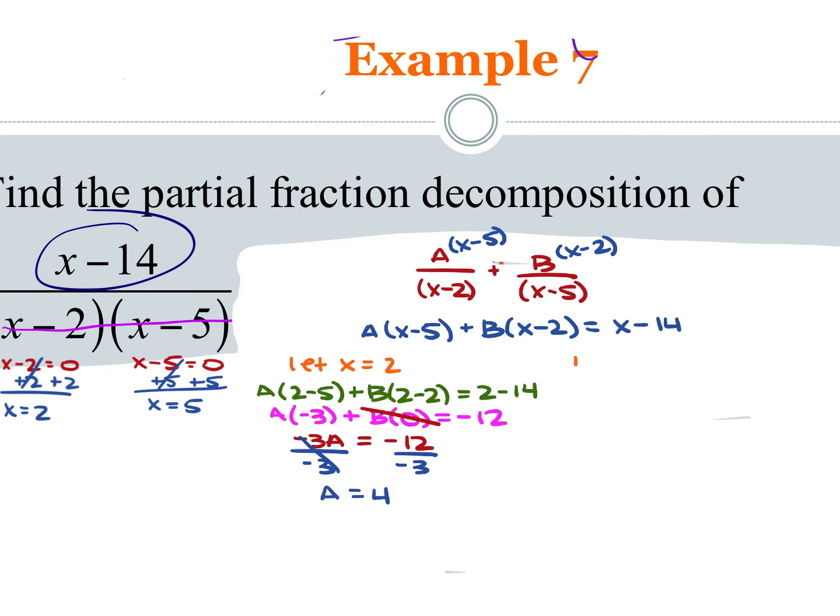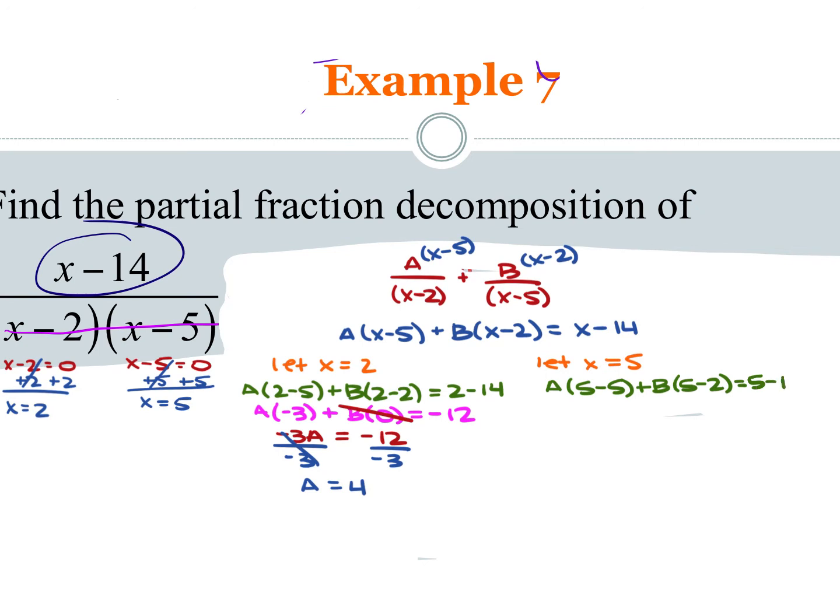Do the same thing now by letting x equal 5. So we're going to have a times 5 minus 5 plus b times 5 minus 2 is equal to 5 minus 14. That 5 minus 5 is equal to 0, so that's a times 0.